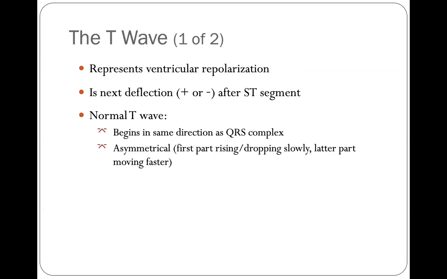The first part rises or drops depending on whether the T wave is an upright, positive deflection or a negative deflection. But the first part is a slower, longer slope, and the second part is a faster slope. And it should be asymmetrical.